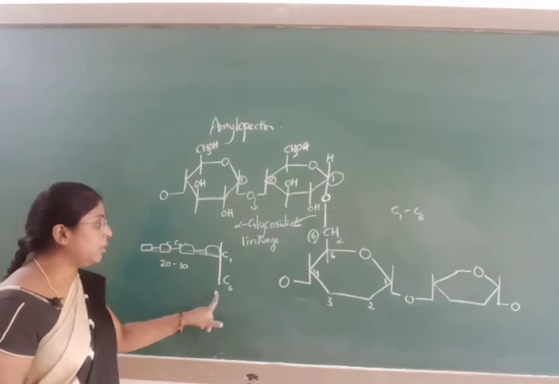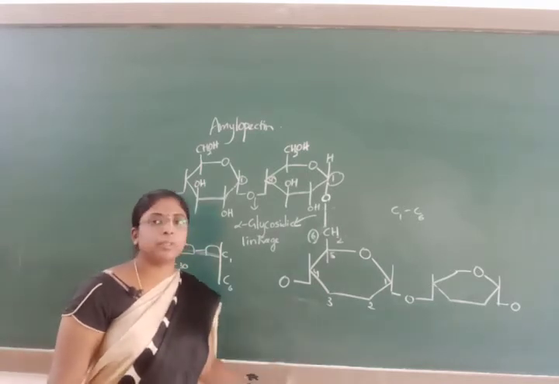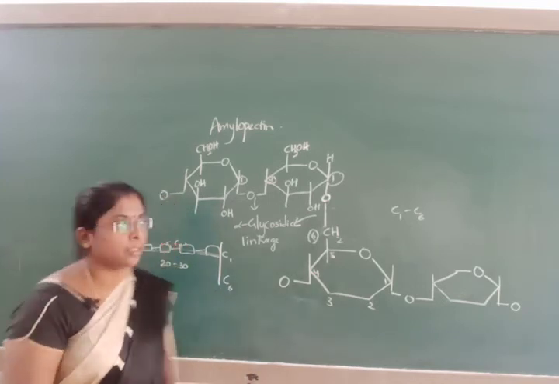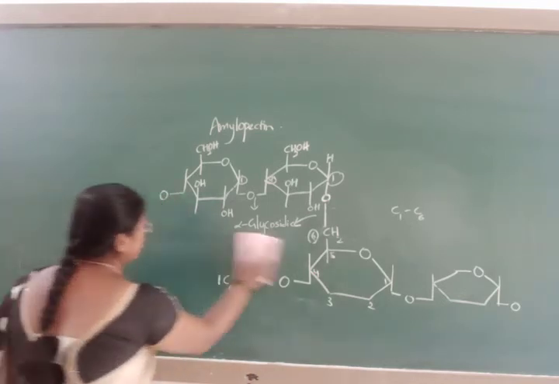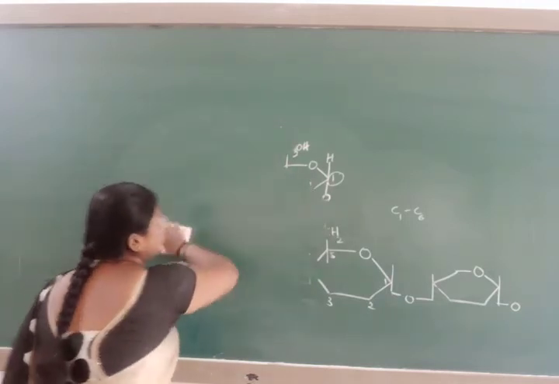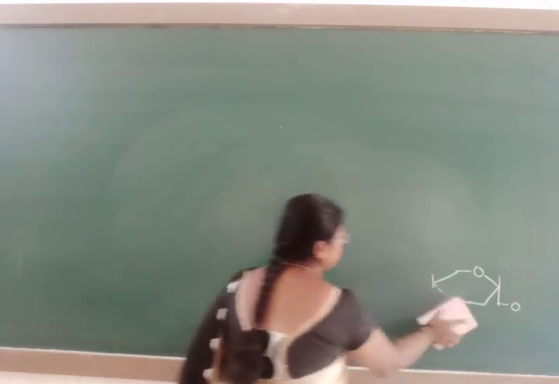After 20 to 30, one more branching takes place. In this way, amylopectin is a branched chain polymer, whereas amylose is a linear chain polymer. Amylose and amylopectin are made up of alpha D plus glucose units.